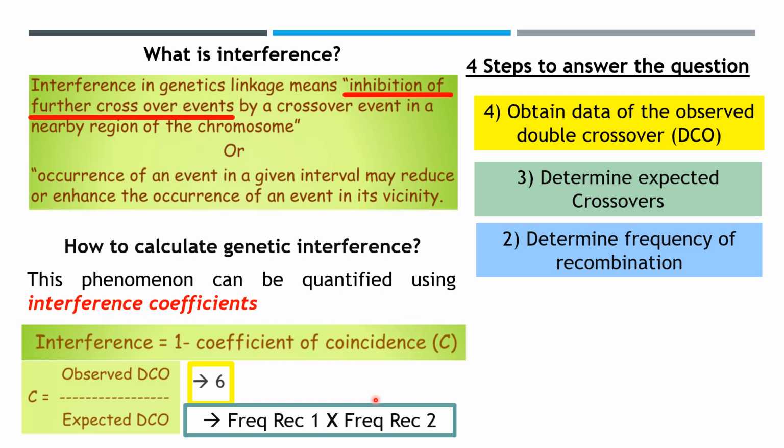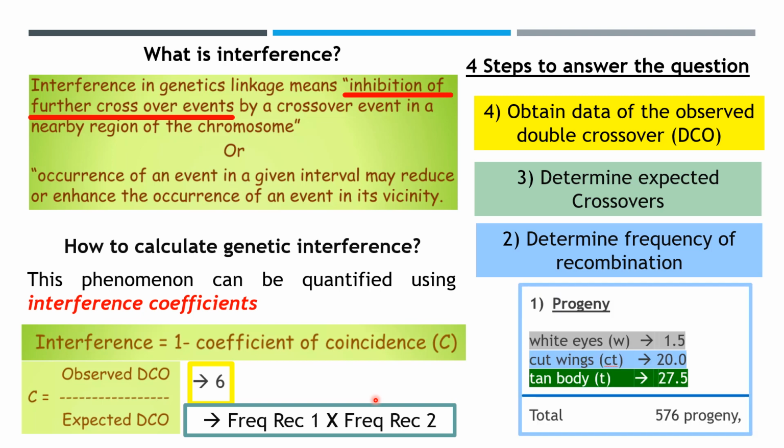And to get those frequencies of recombination, before doing these things, we will need to take all this data and use it to calculate the distance between each one of these genes. Okay, so we have 2 frequencies of recombination. We will get them from here, and I will explain that in a second.